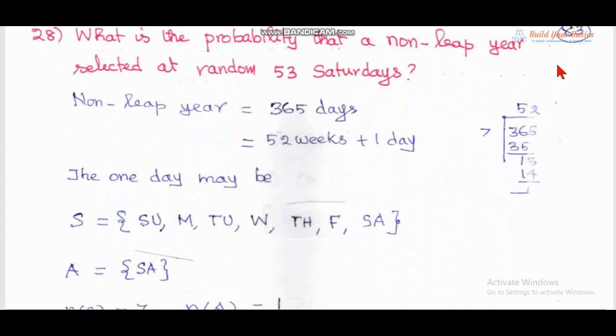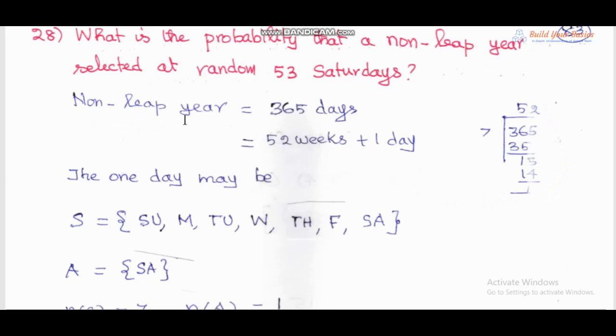Question number 28. What is the probability that a non-leap year selected at random contains 53 Saturdays? A non-leap year consists of 365 days. Divide 365 by 7, getting quotient 52 and remainder 1.